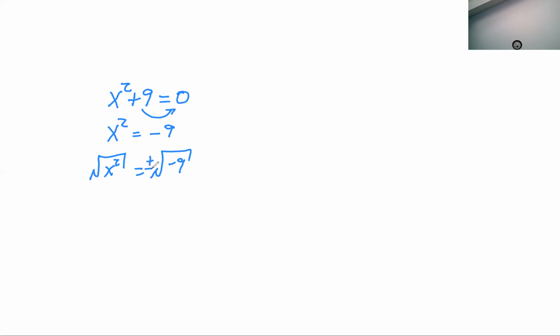So what ends up happening in this scenario? Well, if you remember, one of the things that you can't do with real numbers is take the square root of a negative number. The two most important things to remember: no square root of a negative number. It's not a real number. It's a complex number, which we'll talk about next week.